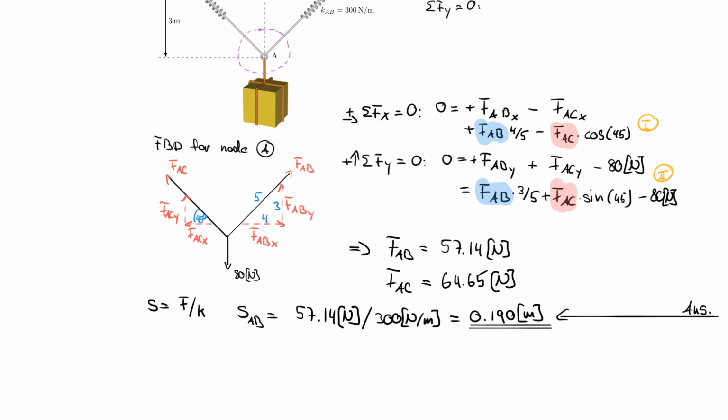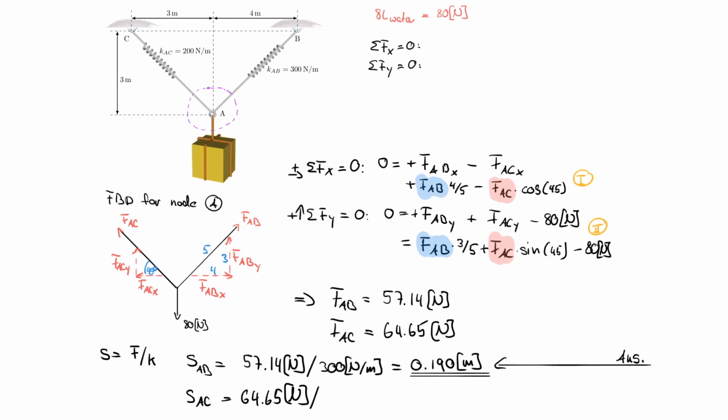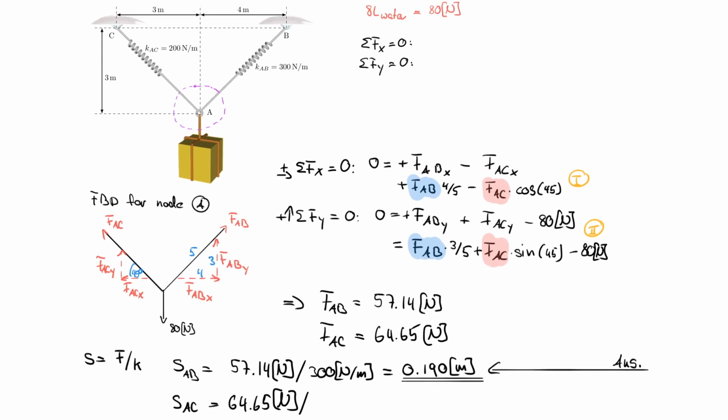Now that is taken care of, but I have to do the same thing for SAC, which is the other force, 64.65 Newton. But be careful now, it's a different spring constant. Let's zoom out and take a look at the entire picture. So that needs to be divided by 200 newtons per meter.